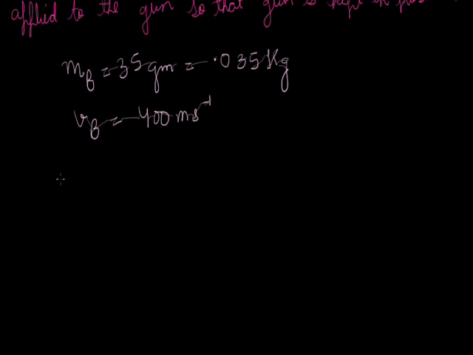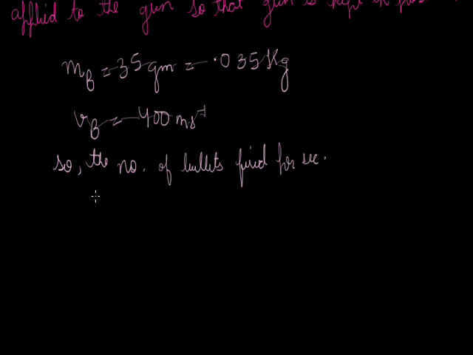Now, we will discuss the number of bullets which are fired in 1 second, because we want the force. The number of bullets which are fired per second will be equal to 400, as they are fired in 1 minute.